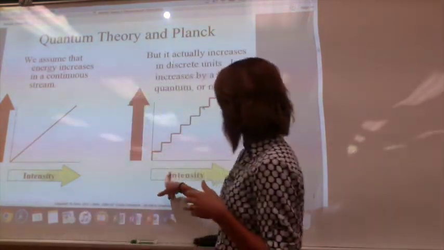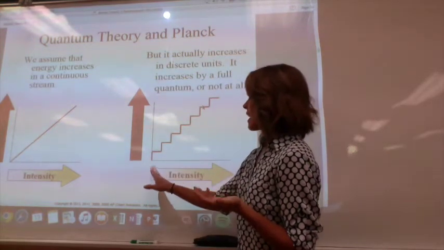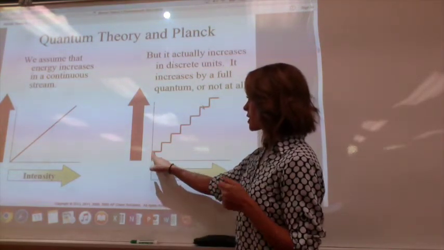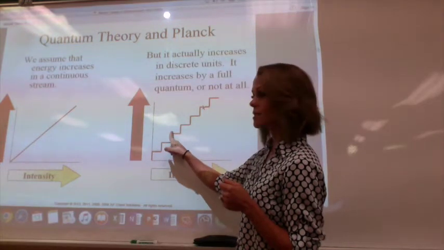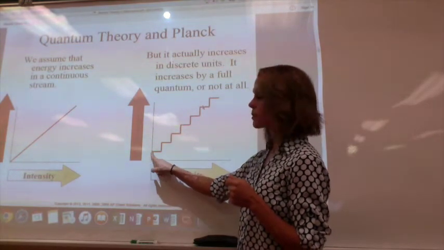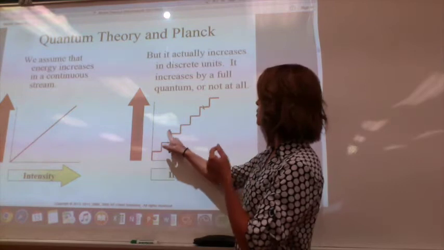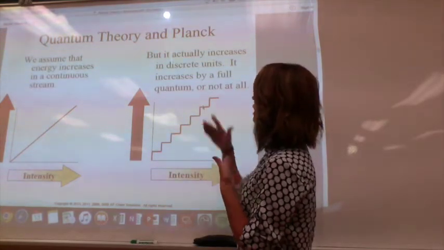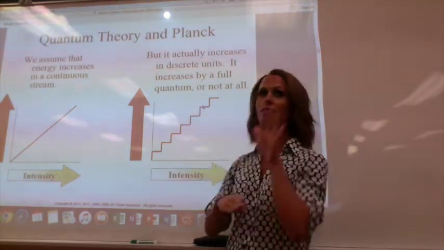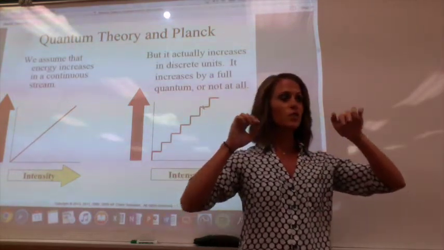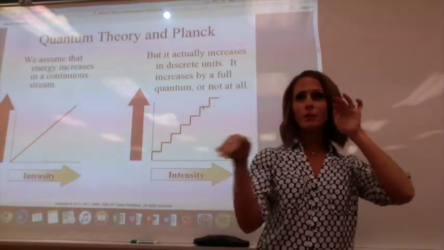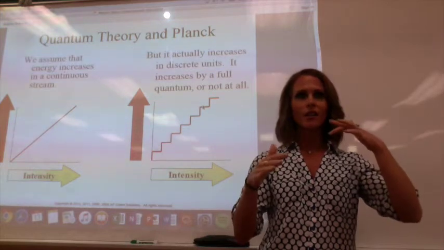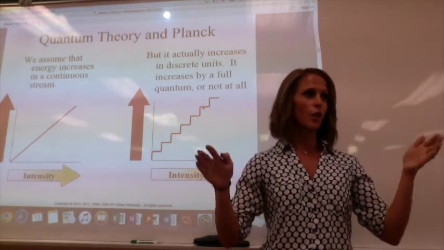But really what's happening, and we don't see this, is that as energy is being added, it goes up in these little quantum steps. So once it absorbs this much energy, then it jumps, and it keeps jumping and jumping. It'll either increase by a full quantum or not at all. It's like climbing the rungs of a ladder. So as you're climbing, you can't step in between a rung. There's nothing there. You either go to the next step or you don't go at all.